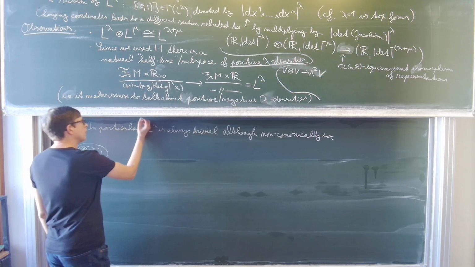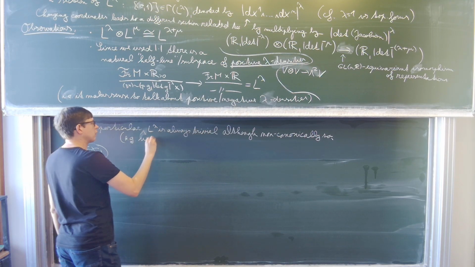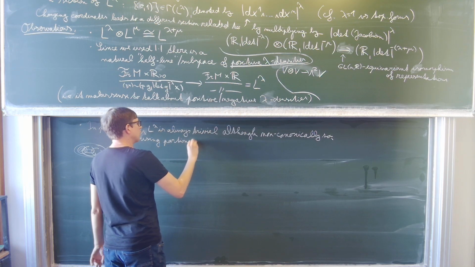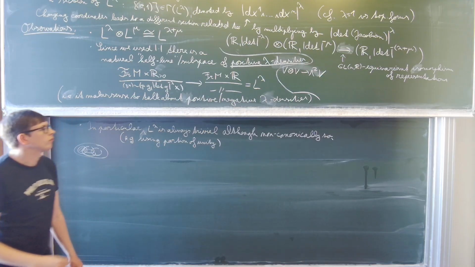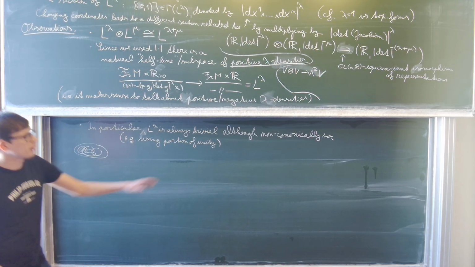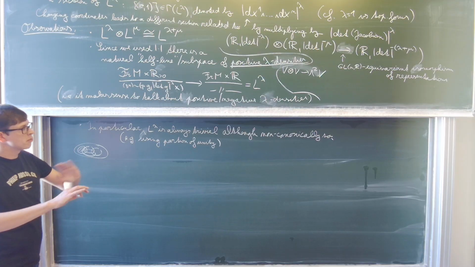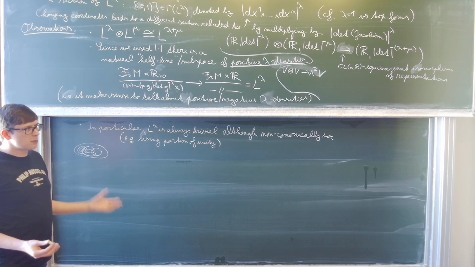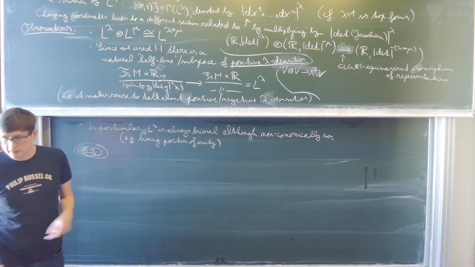E.g. using partitions of unity, you can see that this is the case, but it's non-canonical. There is not a preferred one. This line bundle is always M times R, but a choice of a specific isomorphism is not given. You have to choose a global section of this.